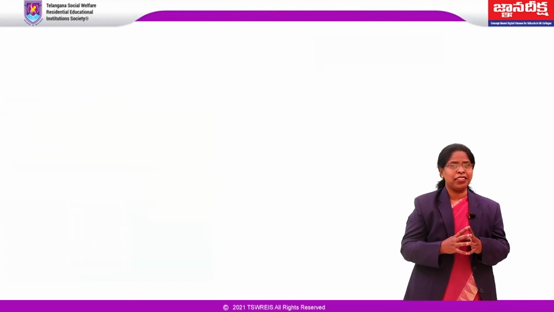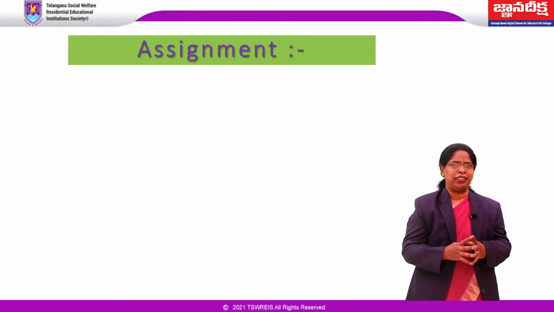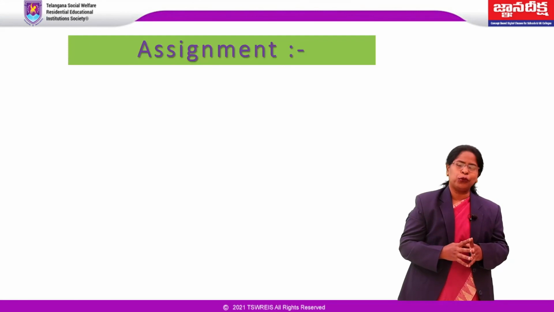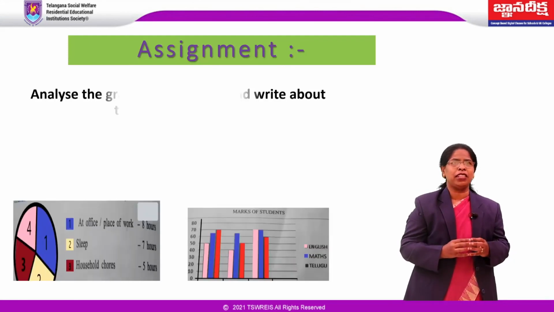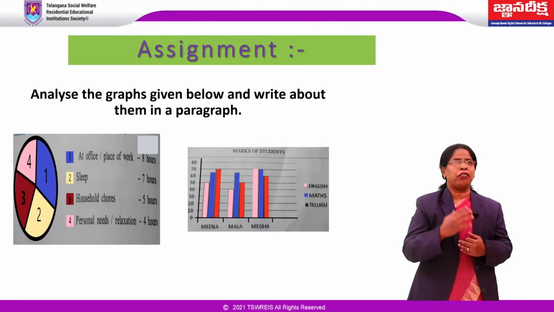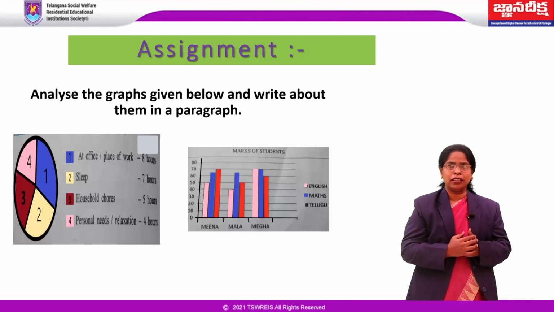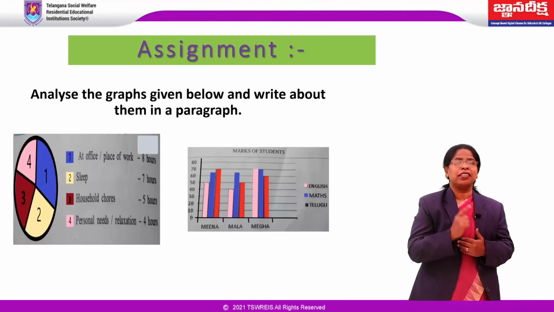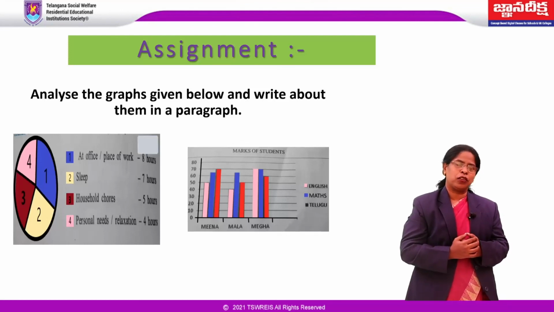Now, students, it's assignment time. Without this, it is incomplete. So, let us do what we have learned on our own. Analyze the graphs below and write about them in a paragraph. The first one is the pie chart. You can make out the information in your text. Just look into the text, refer to it, try to understand the concept of that information and put it in a paragraph.